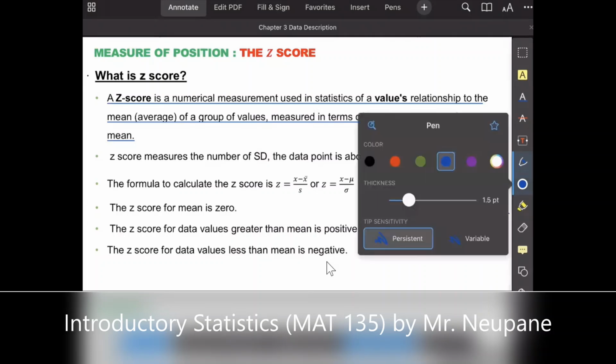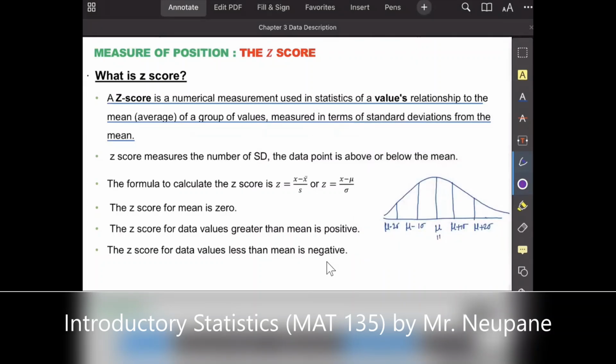For the mean, the z-score is 0 because we are not adding or subtracting any standard deviation. Here we are adding 1, so z equals 1. This is 2 standard deviations above the mean, so z equals 2. This one is 1 standard deviation below the mean, so z equals negative 1. This one is 2 below, so z equals negative 2.